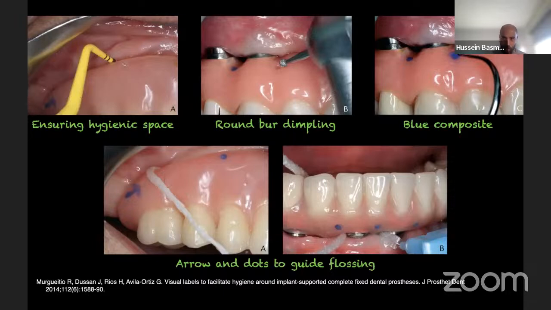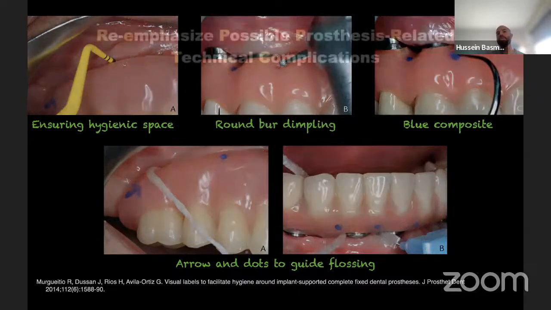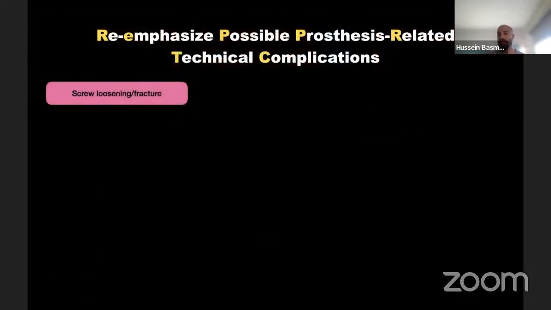And this is actually the most important thing, because we don't want plaque accumulating around the abutment, so that we don't have any problems around the abutment, any leakage, any inflammation, any bone loss. So it's very important that we create that.